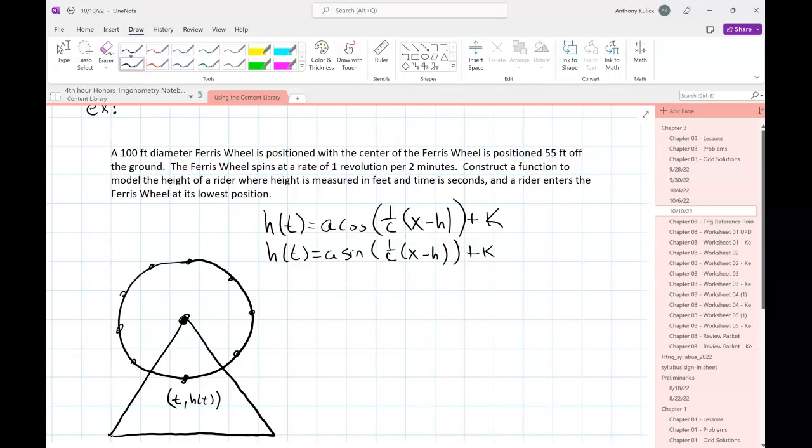Okay. So let's go ahead and start labeling some of the attributes here. It says that the diameter of this Ferris wheel is 100 feet. It says that it's 55 feet off the ground. It says it spins at 1 revolution per second.